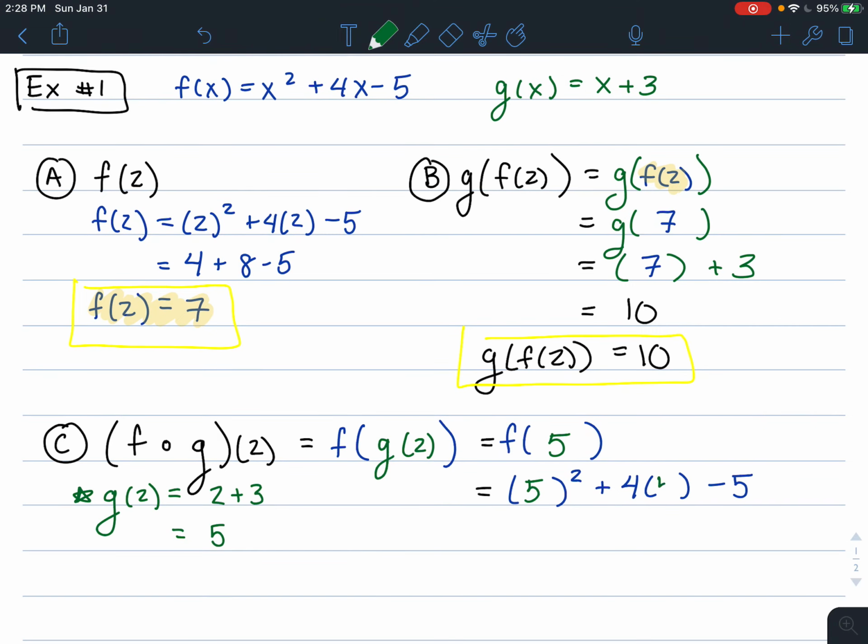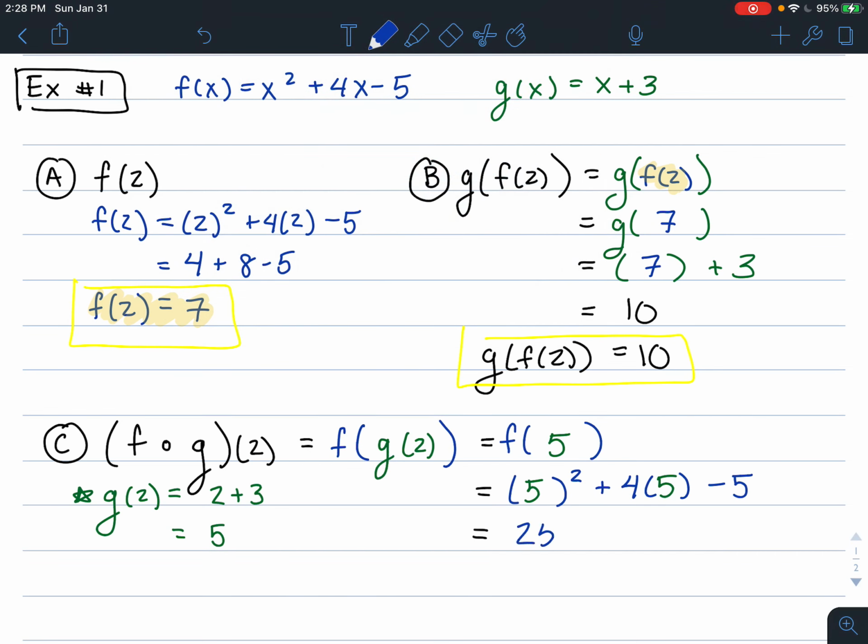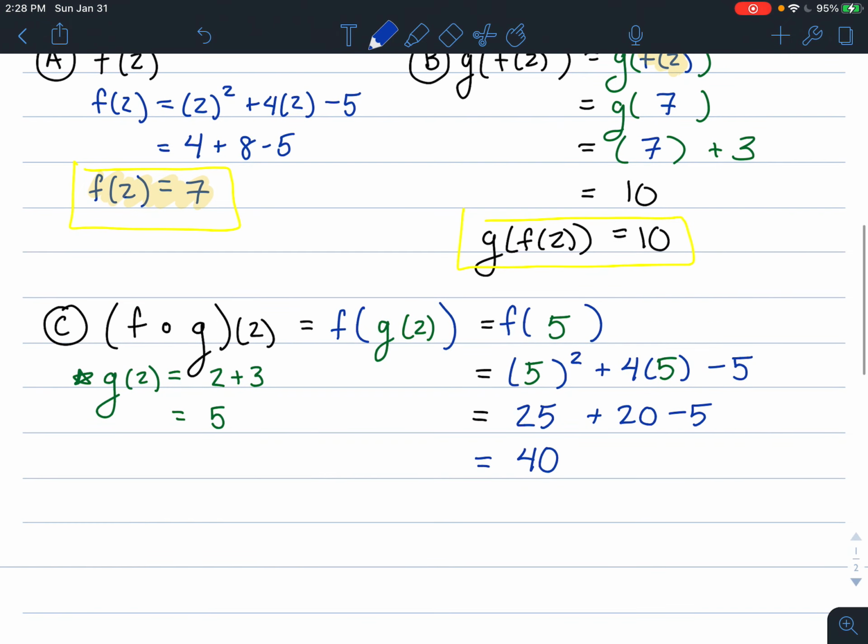Now we're just going to simplify this. We have 25 plus 20 minus 5, so that is going to give me a total of 40. So my answer is f composed with g of 2 is equal to 40.